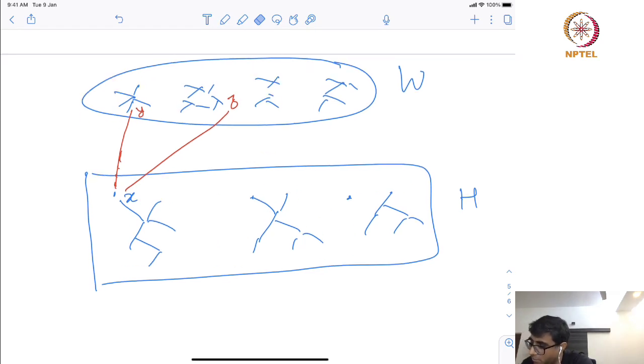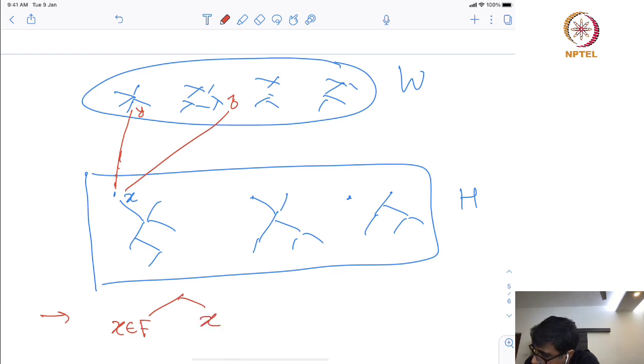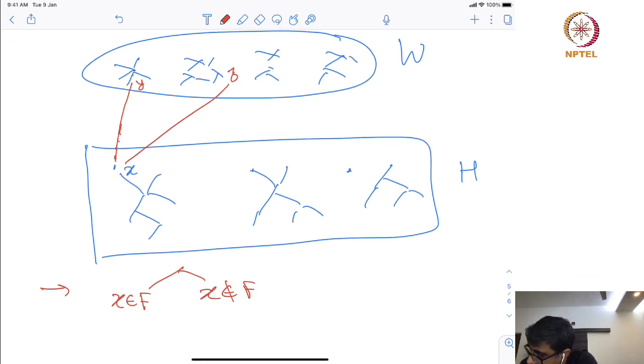So now on this kind of vertex, I would like to branch. How will I branch? X belongs to F, or X does not belong to F. If X belongs to F, k drops to k minus 1.